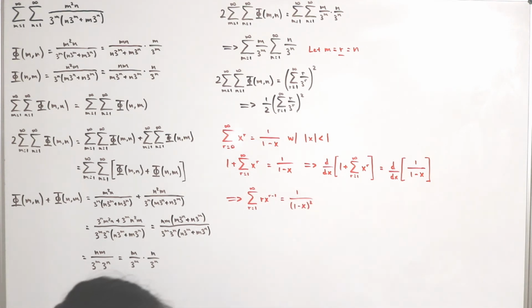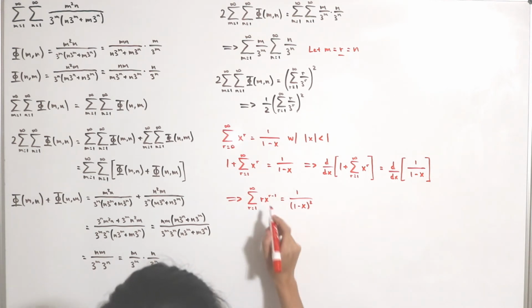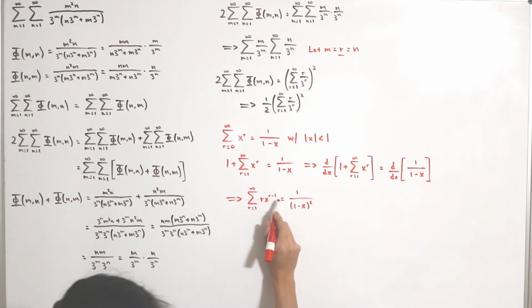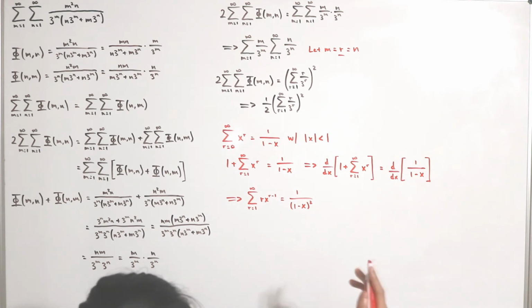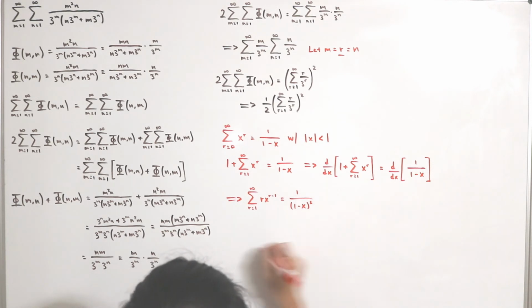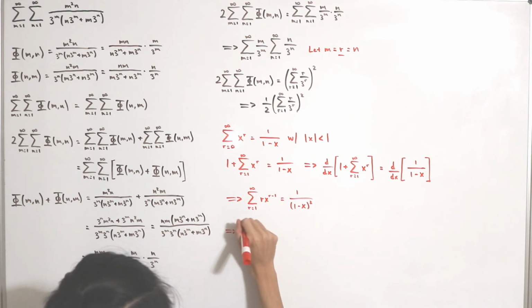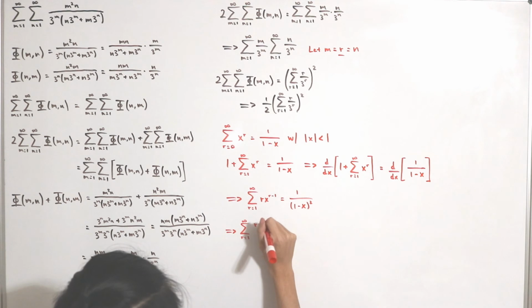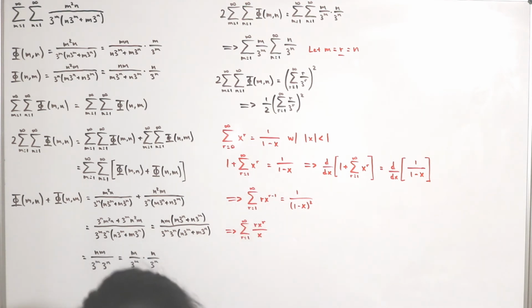And let's actually manipulate the summation a bit. When we're dealing with the exponent powers, x to the r minus 1 is the same as x to the power r multiplied by x to the negative 1. So I can write this as the summation of r times x to the power r divided by x.